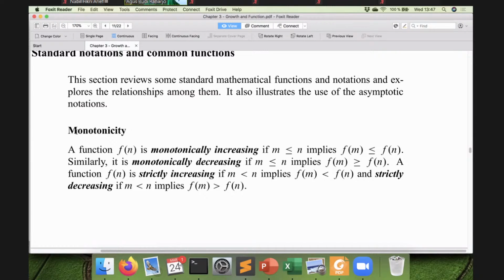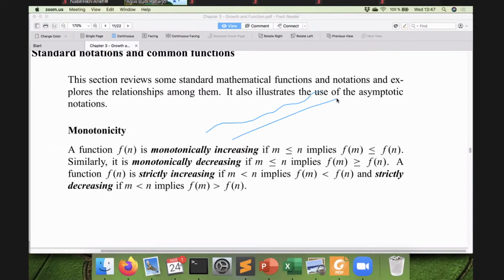First one is monotonicity. A function f(n) is monotonically increasing. It's not constant increasing, but monotonically increasing, so it tends to increase. If I can draw maybe something like this. The increasing is not standard, it can be in a constant way, or something like this.